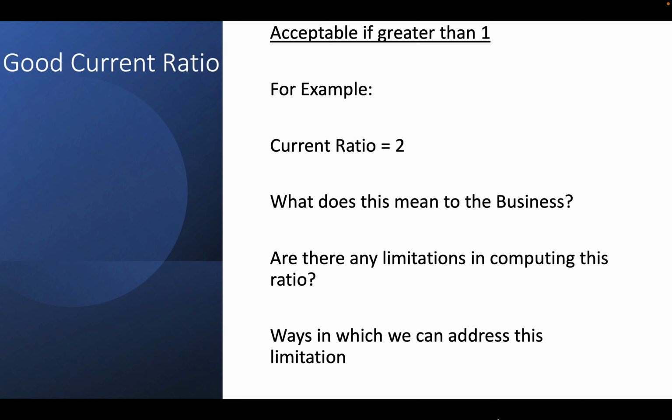Now, what's the mitigation strategy? What are the ways in which we can address this limitation while we are computing the current ratio of a business? The main strategy we could follow is to eliminate the inventory variables. When we remove the inventory from the current assets, automatically this limitation is removed.